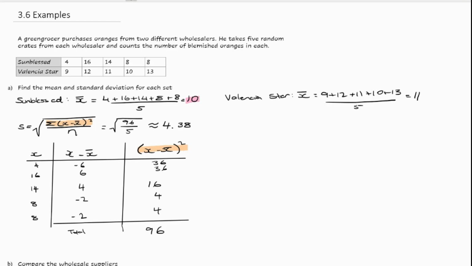I encourage you to do this table again yourself with Valencia star and see if you get the same answer as I do.